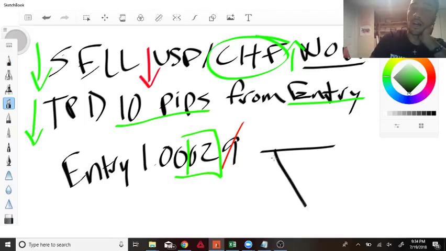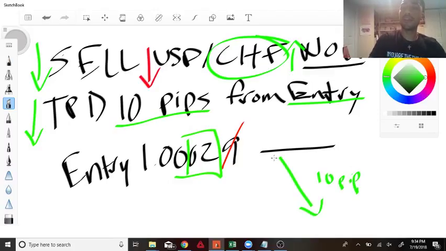When it comes to a sell, we want the price to go down in value to make money, so we're adding or subtracting? Yes, subtracting. Subtract 10 from that number, and the number we come up with is 0.999929.